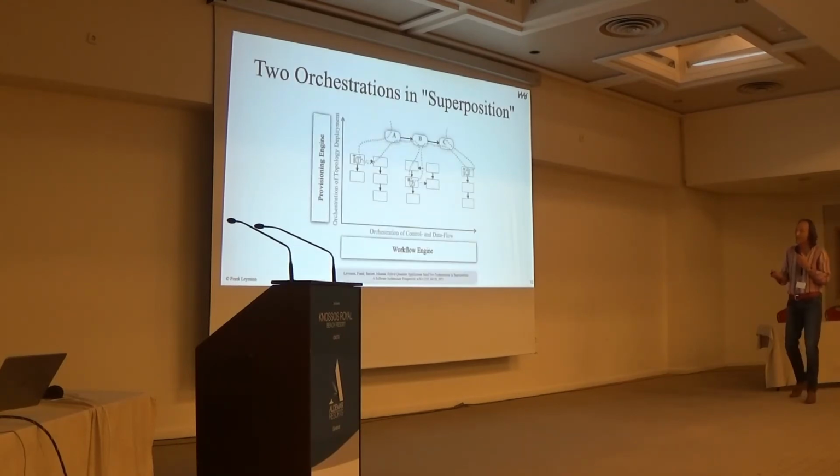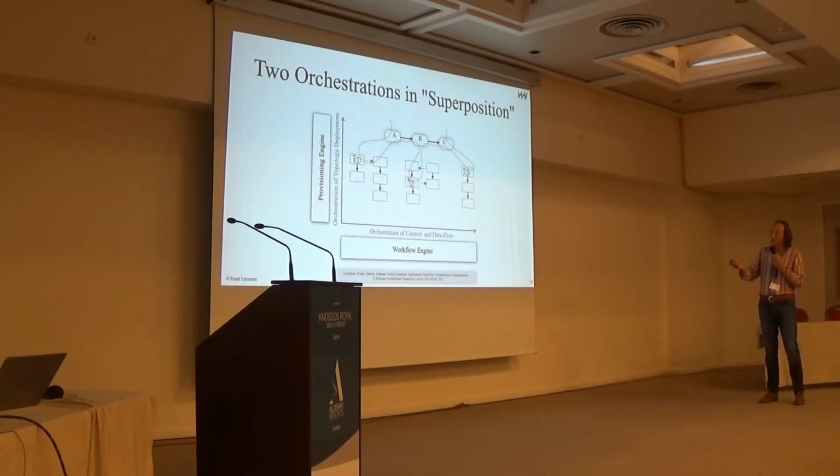And then you need two kinds of orchestrations. You need the workflow engine that interprets the workflow that I've shown a couple of slides before. The workflow engine navigates through the workflow, and whenever it finds a step to be executed, then another orchestration engine may jump in that we call the provisioning engine, right?